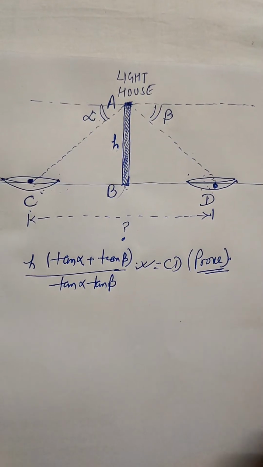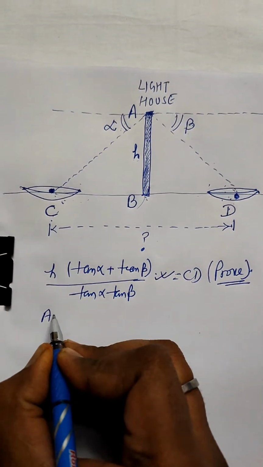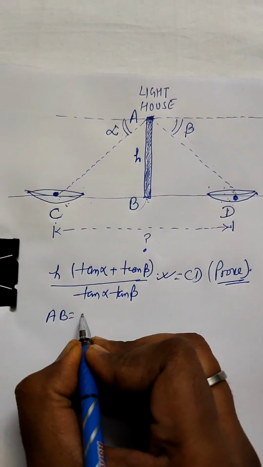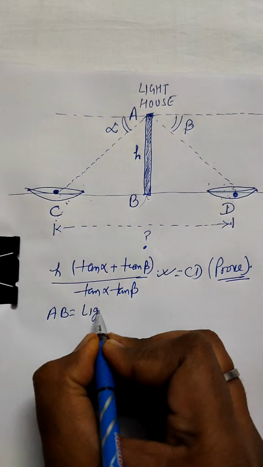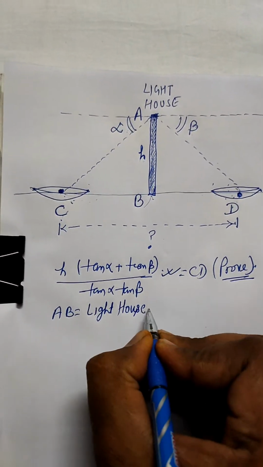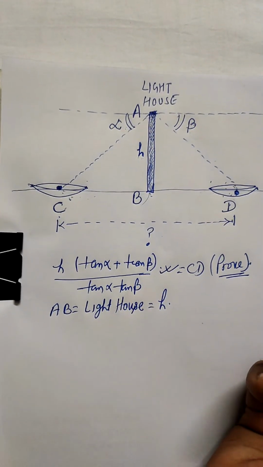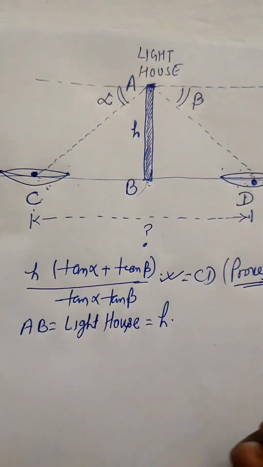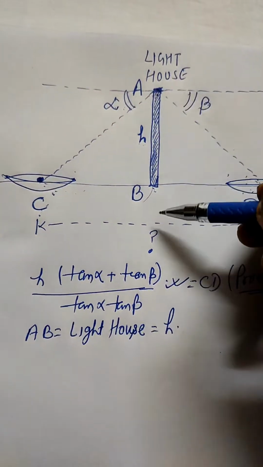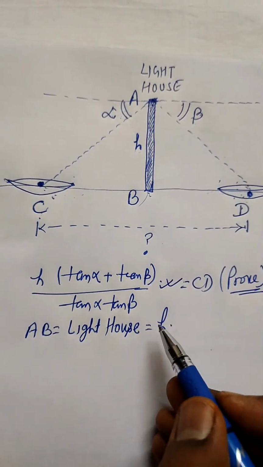Students, here you can see AB is the lighthouse whose length or height is equal to h, right?